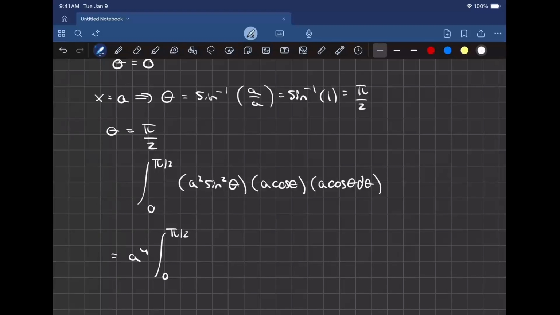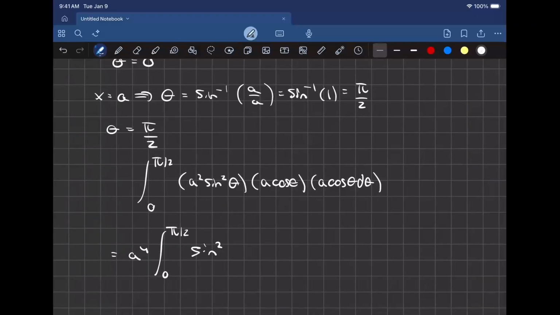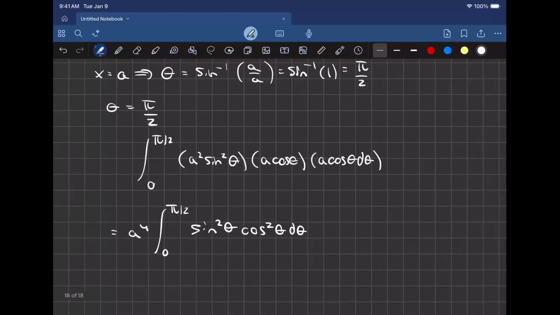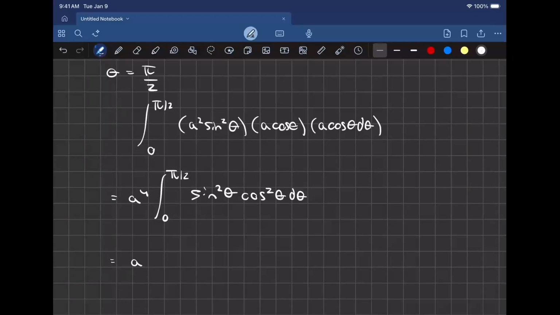Then this will just be sine squared theta and cosine times cosine squared theta, d theta. We have an identity for this. A to the fourth, 0 to pi over 2. So this will become 1/4 sine squared of 2 theta, d theta.